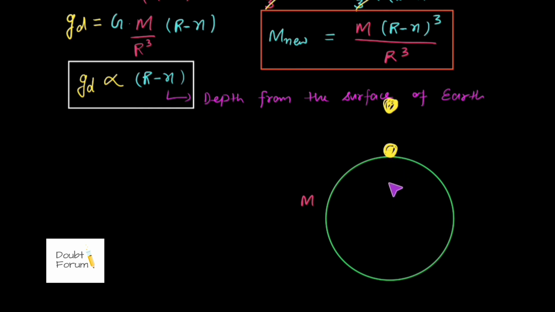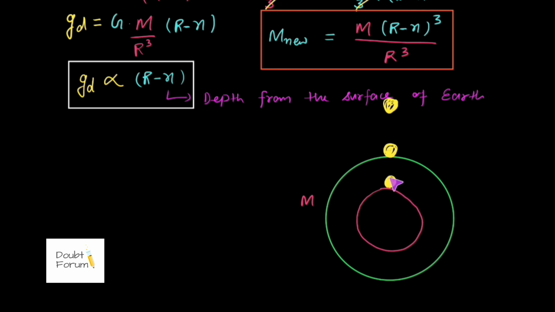When the object was at a depth x from the surface of Earth, we have seen that the whole mass of Earth was not contributing in the gravitational force. Only the part of that we have drawn a new sphere. Only this part of Earth was contributing in the gravitational force.